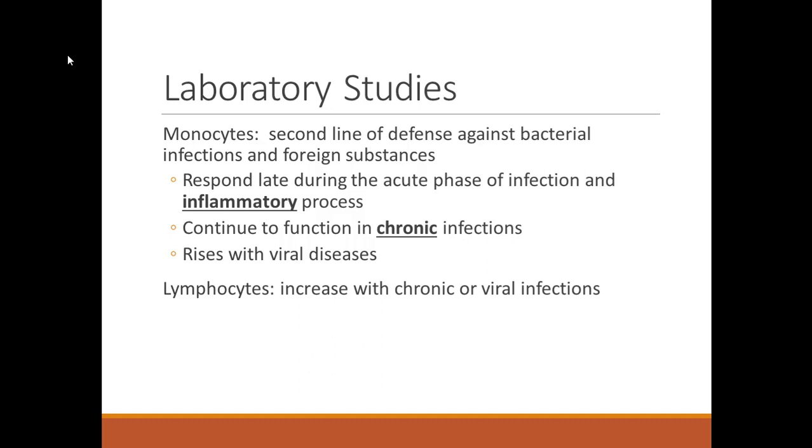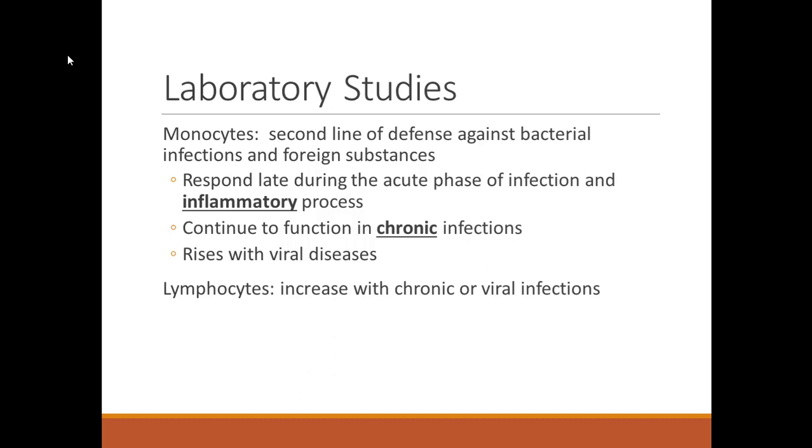Monocytes, these are the second line of defense after the neutrophils against bacterial infections, foreign substances. So the neutrophils will respond right away because they're the first soldiers out there. Monocytes are the second ones out there. So the neutrophils come, do their job, and they're basically for the acute phase.